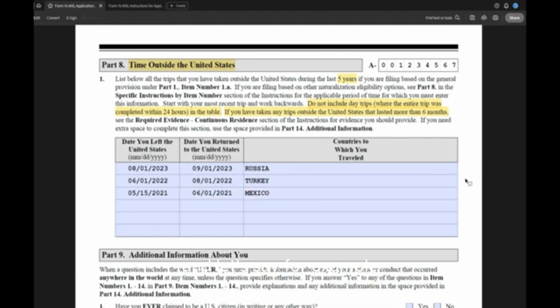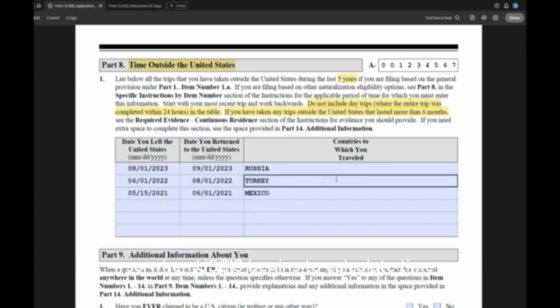And let's say, for example, you have taken a trip that falls in a period before your 5-year permanent residency began. So in our case, Jane became a permanent resident on May 30th, 2021.